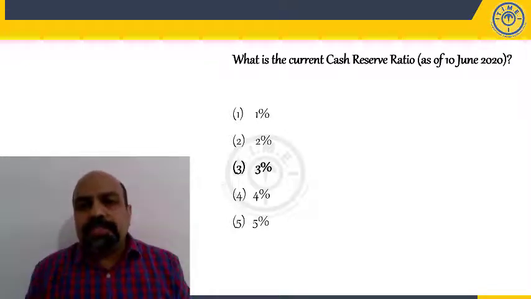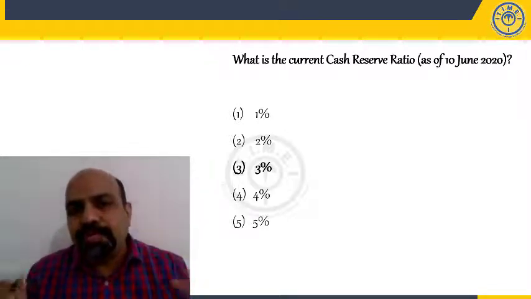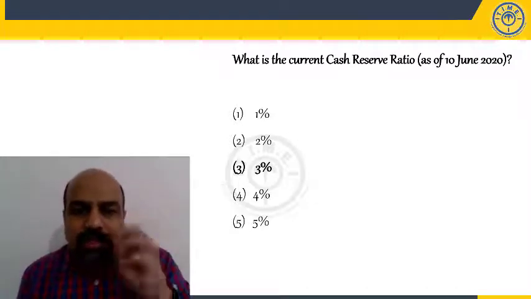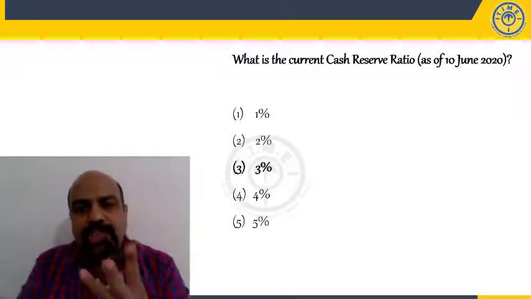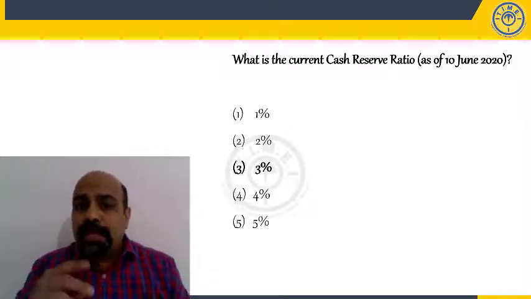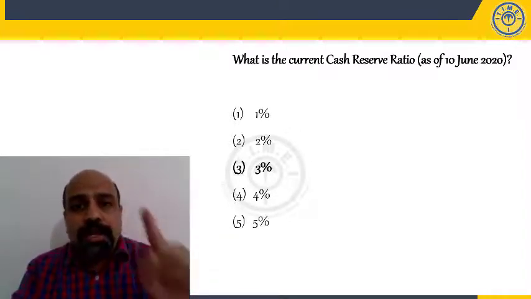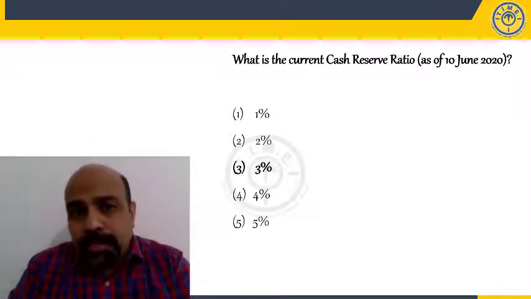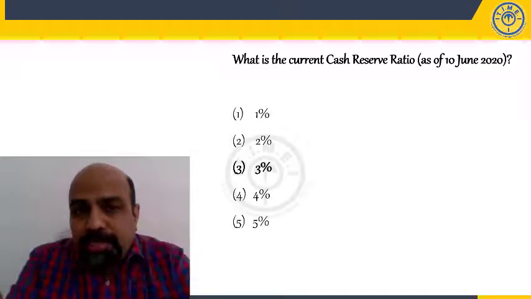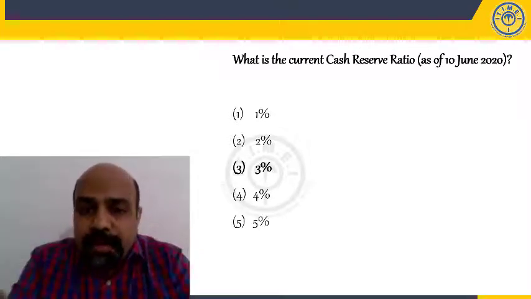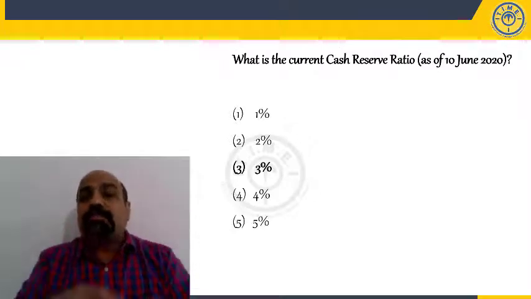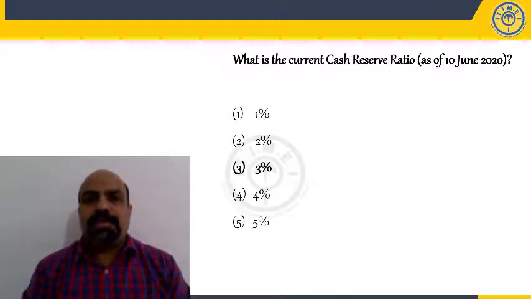So the definition says whatever you have collected from the public in these accounts, as of today 3% of that money has to be kept with me. I will tell you, I am the RBI. Let's say Abhilash Bank, Shahanaz Bank, all the banks, you have to keep 3% of whatever you have collected from the public with me.